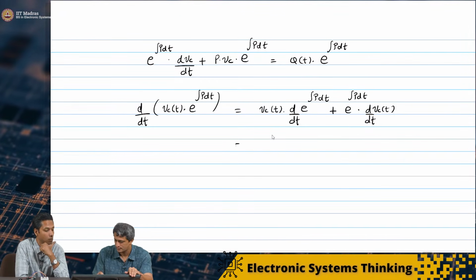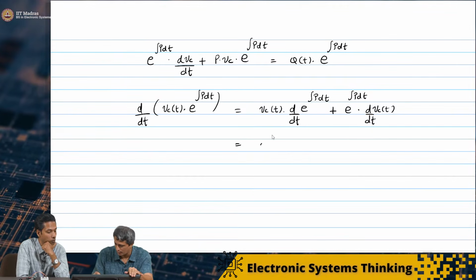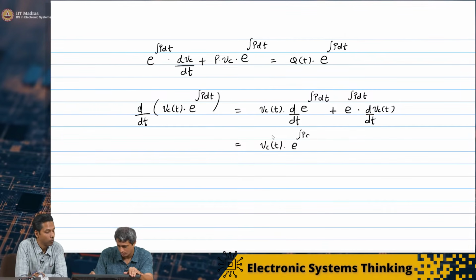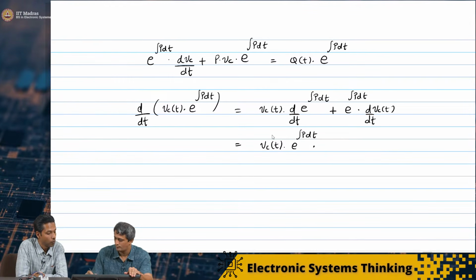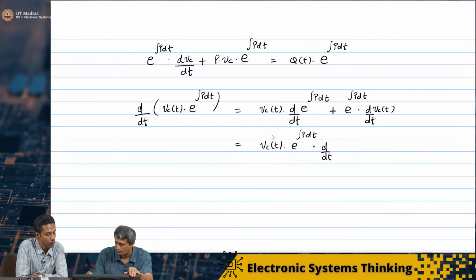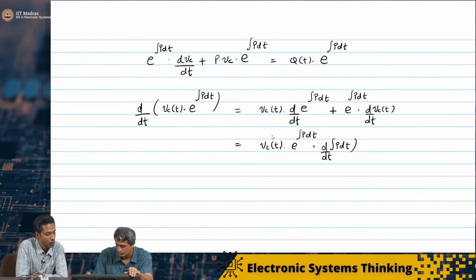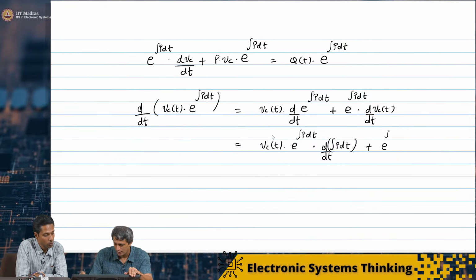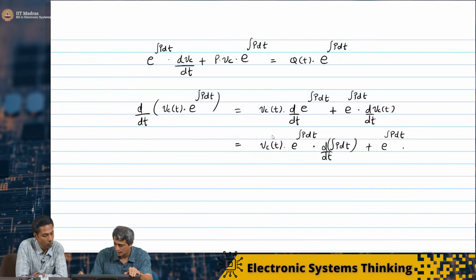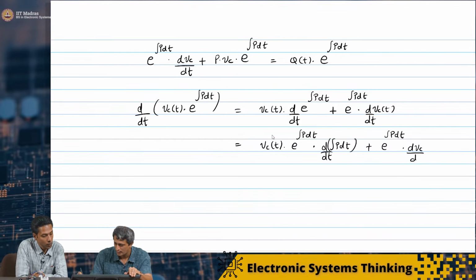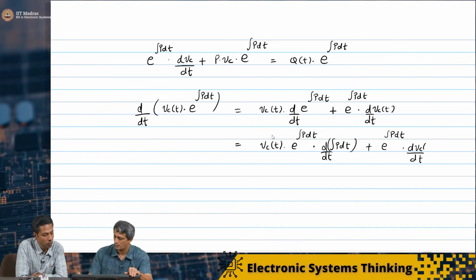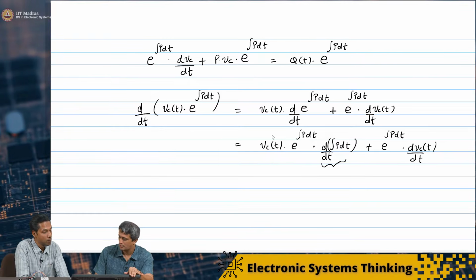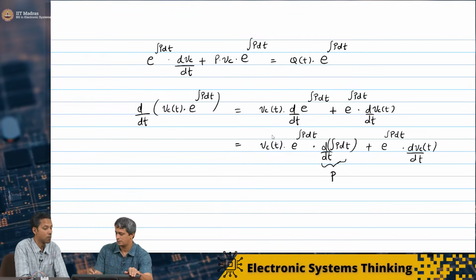Now the first part is just e power integral p dt, by the chain rule, into d by dt of integral p dt, plus e power integral p dt into dvc by dt of t. Now this is nothing but p because it's the derivative of an integral.